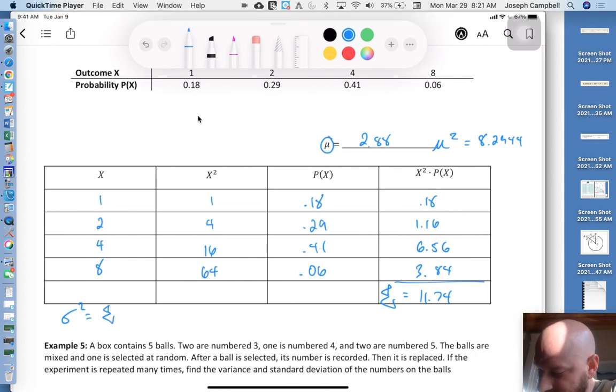I'm just going to write it out the first time because I think it's kind of nice to know. So that would be 11.74 minus 8.2944.